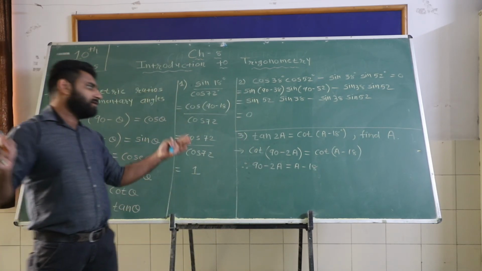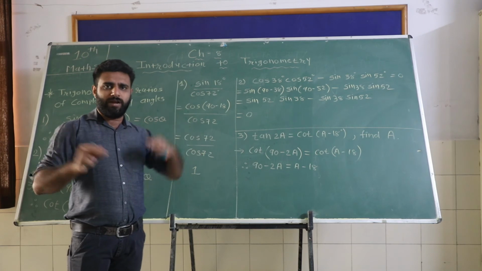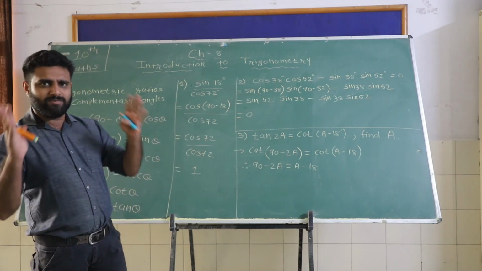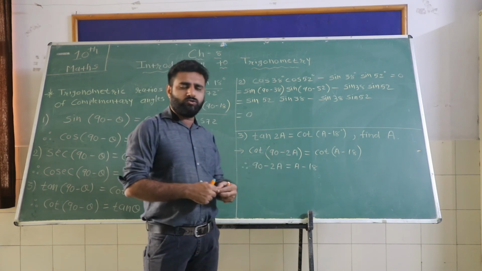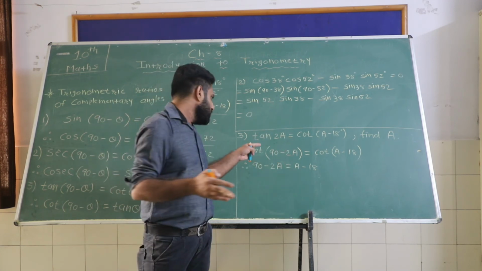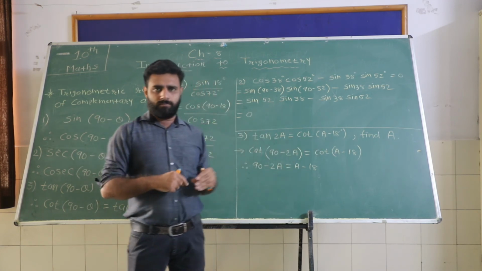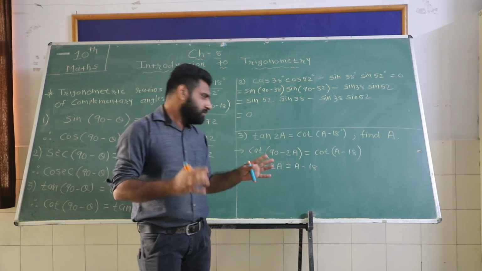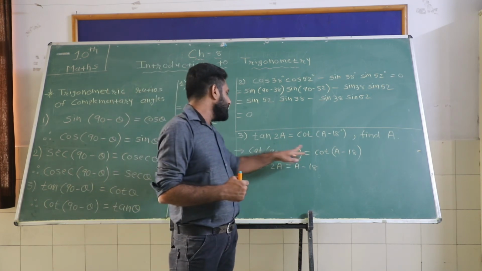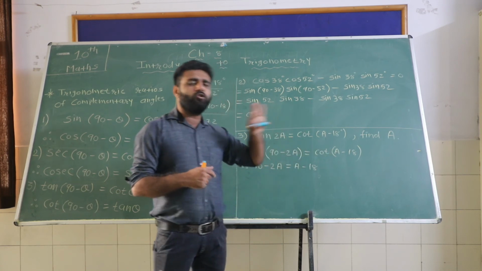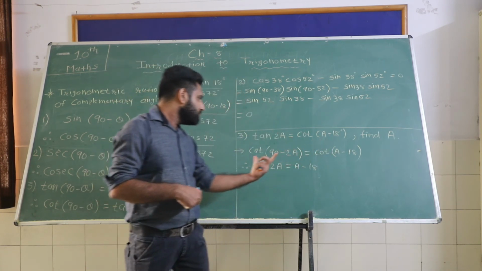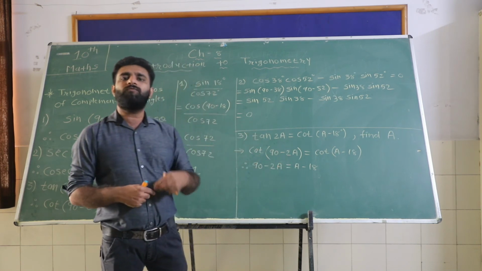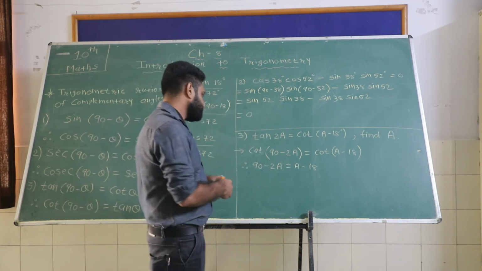It is not that cot cancels out on both sides; cot is not a separate thing that you cancel, since cot and the angle are not in multiplication. The reason we can compare is that equals is given and the same trigonometric ratio is on both sides, so you can compare the angles to find the value of a.